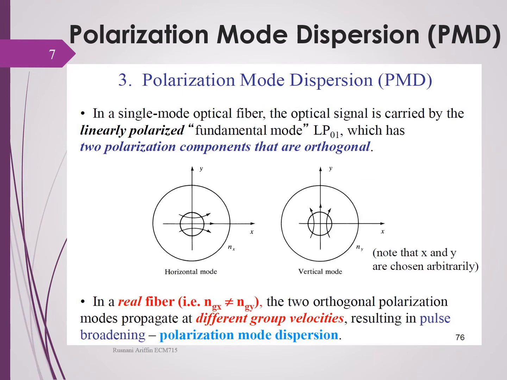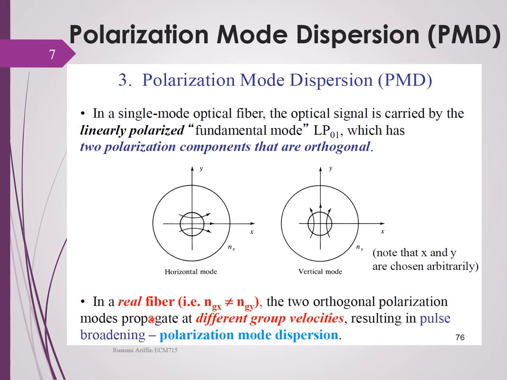Let us look at polarization mode dispersion, or PMD. In a single mode optical fiber, the optical signal is carried by the linearly polarized fundamental mode, which is LP01. This fundamental mode has two polarization components which are orthogonal to each other: a horizontal mode and a vertical mode.